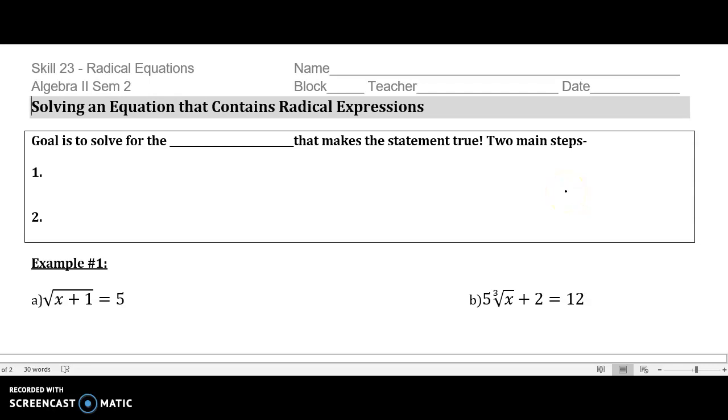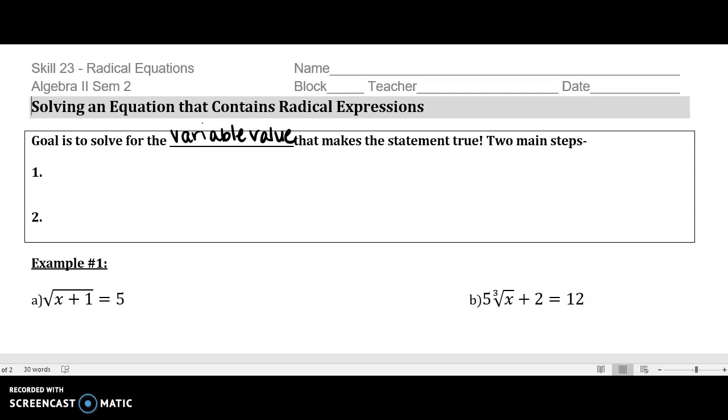Miss Parsons here, and today we're going to talk about Skill 23, solving radical equations. The goal is to solve for the variable value that makes the statement true. And we're going to do this in two main steps.